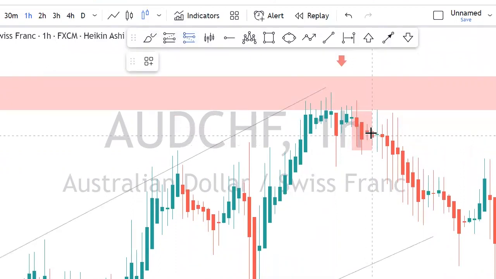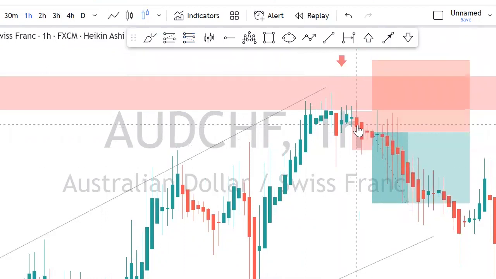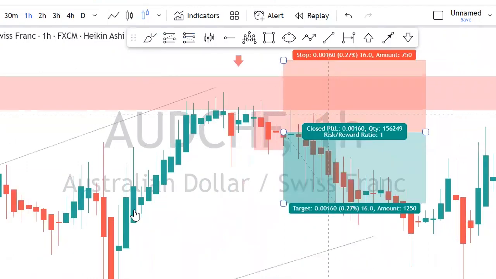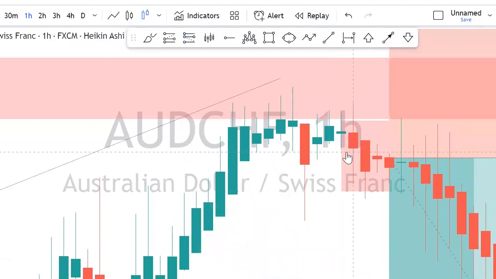So right after maybe 3, I would have placed my entry right there. I would have waited for this one, and then the second one, which is this. Let me just zoom in. So we have the first one right here, the second one, and as you can see, this is quite a big one as well.